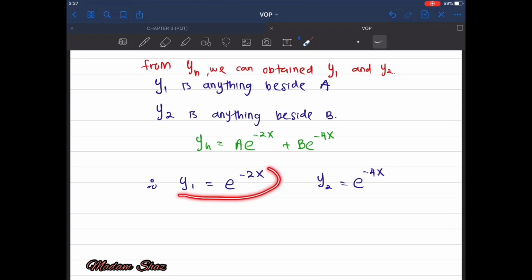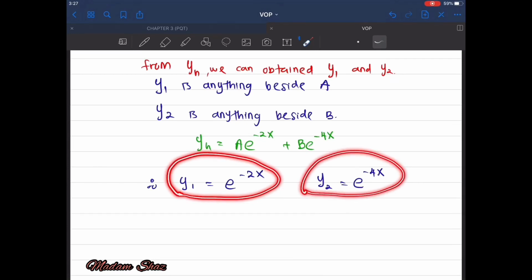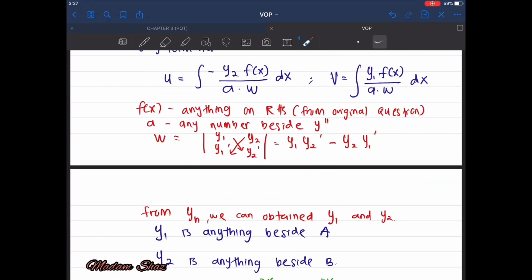After we have declared our Y1 and Y2, next you have to differentiate Y1 and Y2 in order to get the Y1 prime and Y2 prime. Why do you have to differentiate? Because we want to calculate the W. In order to calculate the W, you have to find Y1 prime and Y2 prime, then substitute into the formula.